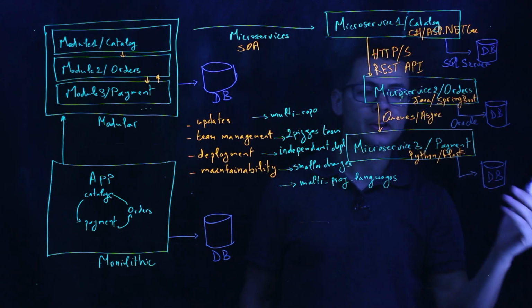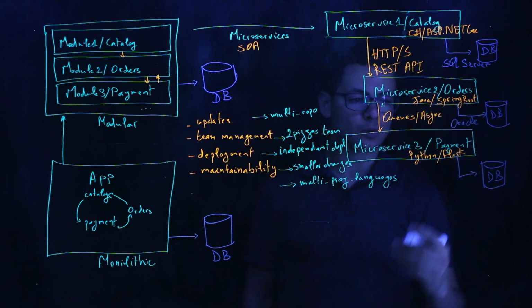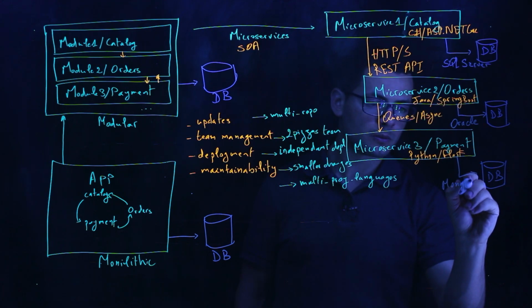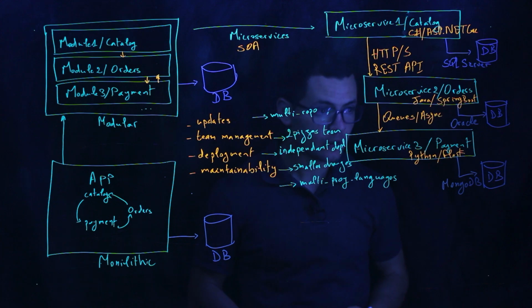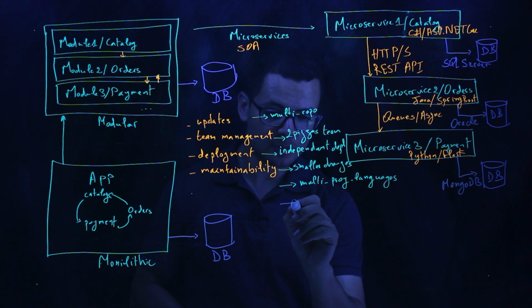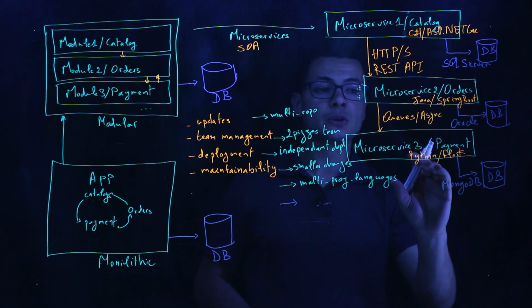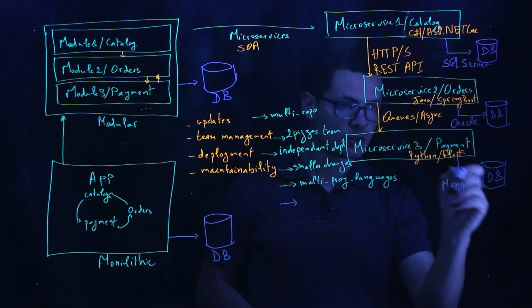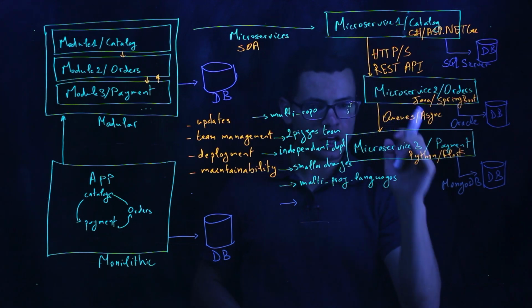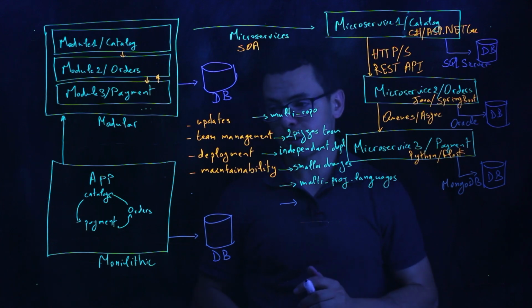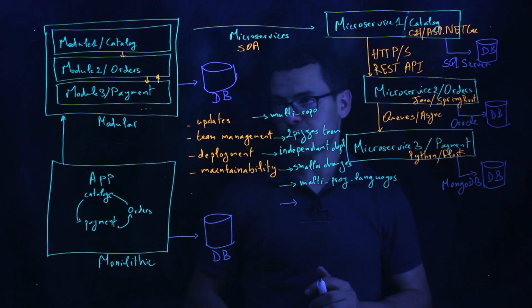And with Python, maybe here I want to use a NoSQL database, something like MongoDB, for example. So I have the freedom of using the best database for the microservice needs. Here, if it needs a NoSQL database, I go and use NoSQL. I'm not limited to using one single database as in the monolithic.